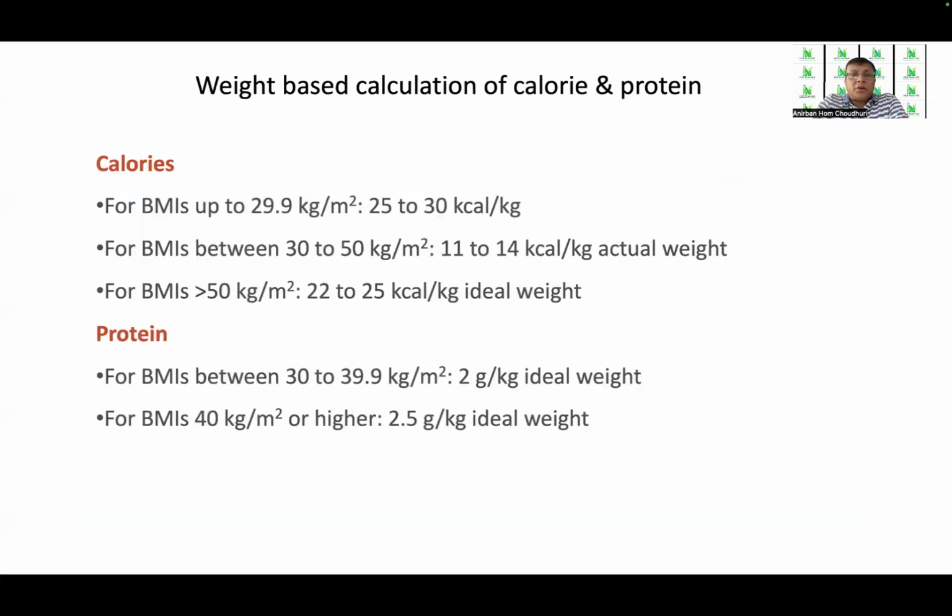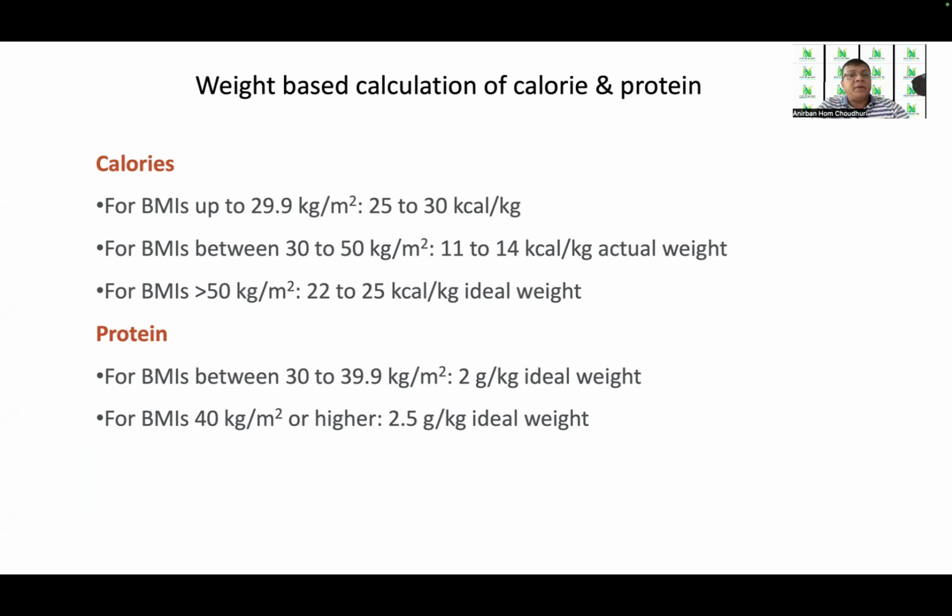Now, in weight-based calculations, we have to take into consideration certain patient factors to determine the calories and also the protein part. For calories, if the BMI is up to 29.9 kg per meter square, or rather up to 30, we give 25 to 30 kilocalories per kg. For BMIs between 30 to 50, 11 to 14 kilocalories per kg of actual body weight.